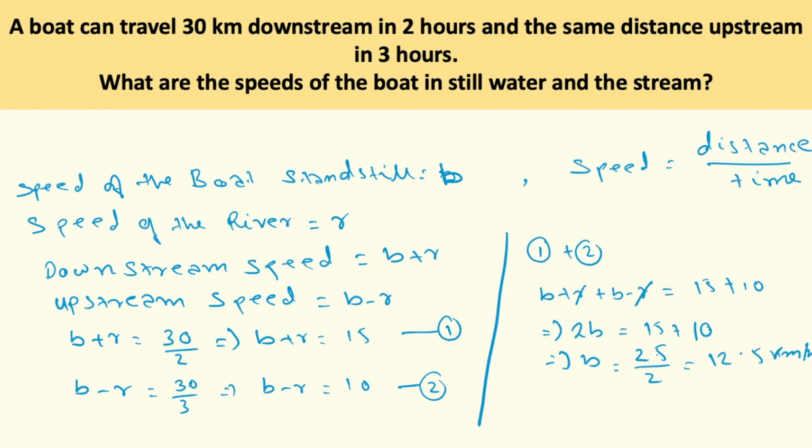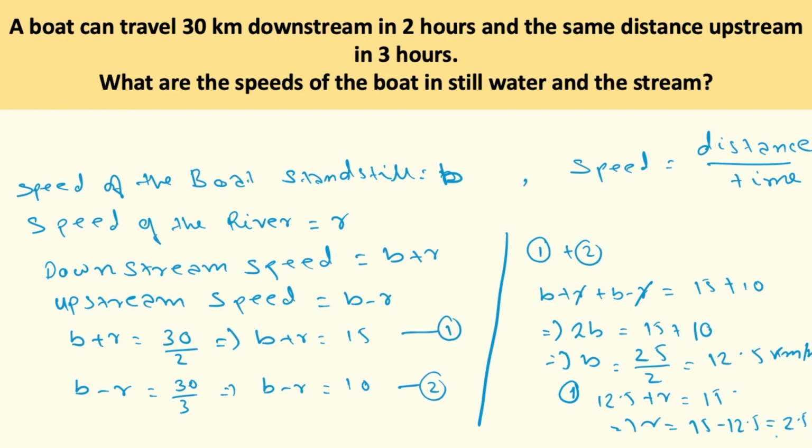Now if I put this 12.5 in any of equation 1 or 2, what will I get? Say B, and let me put it in equation 1. So B, if I put as 12.5, plus R is equal to 15, then I will get R is equal to 15 minus 12.5 is equal to 2.5.